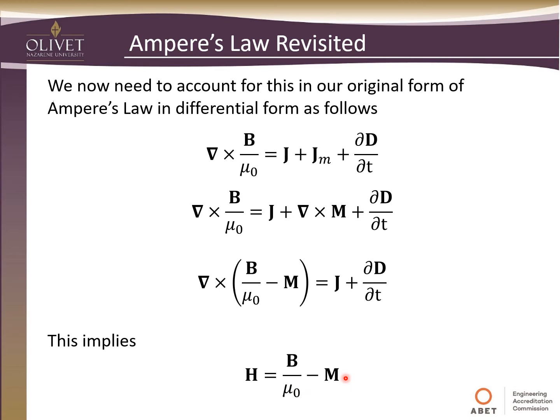So let's see if it kind of makes sense, right? If we have this external magnetic field producing this flux density, and then we have some magnetization already present in the material, the resultant magnetic intensity would be the difference in the two.